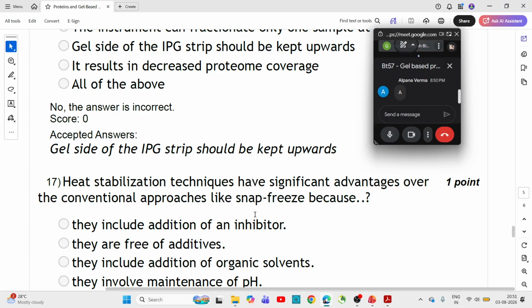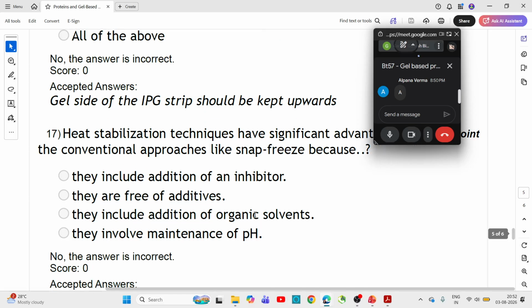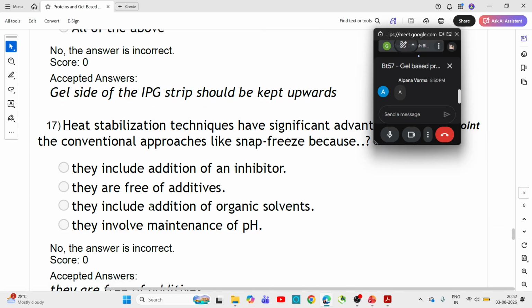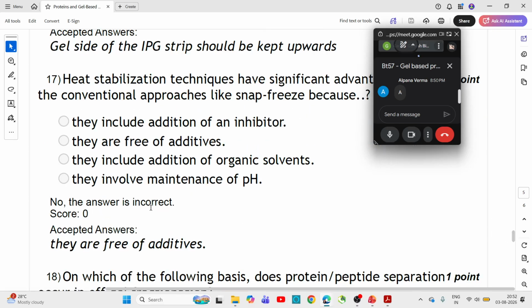I haven't gone through that. So that was practical. I just talked about theoretical concepts in the lecture. But in terms of lab sessions, there are videos which are being provided. You just need to go through that, and all this would be very easy to answer. So in heat stabilization, they are free of additives, and that has a significant advantage over conventional approaches like snap freeze.